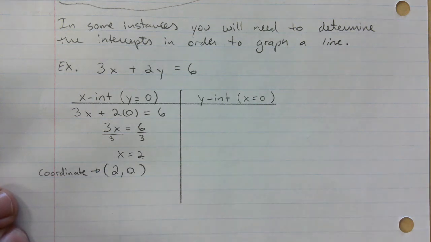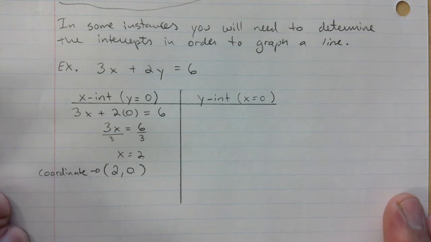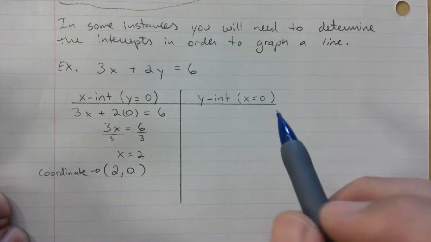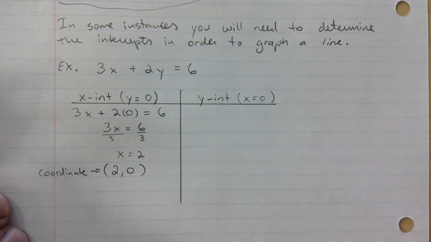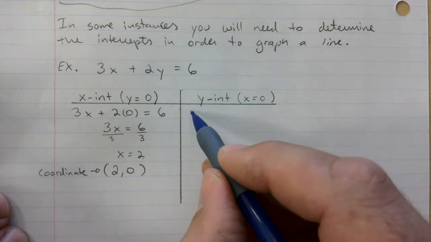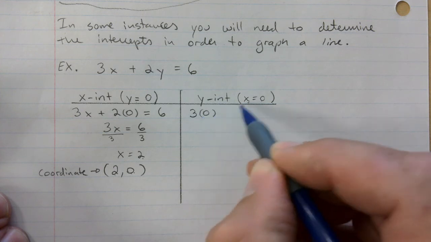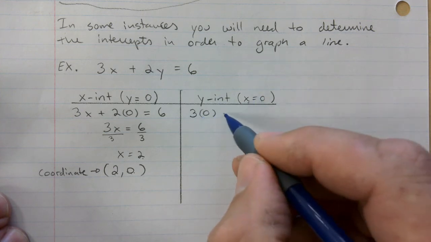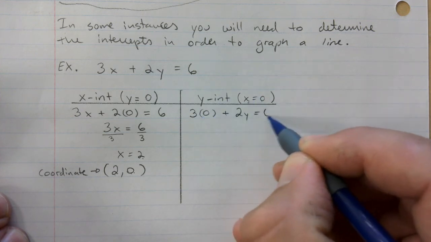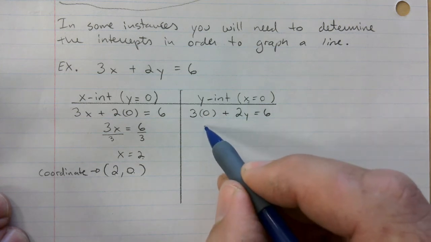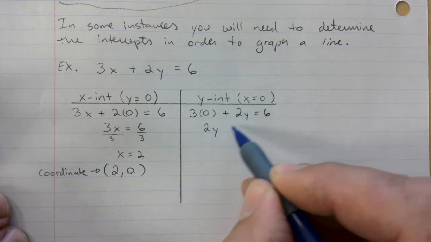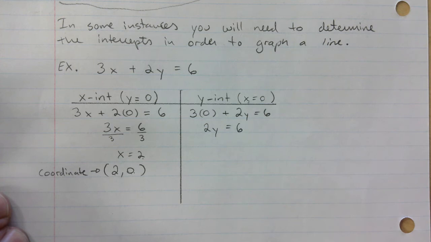I want you to write it as a coordinate. On the other side, we're finding the y-intercept. So it's (0, 3), right? Because x is equal to 0 in this case, plus 2y is equal to 6. And this just happens to be an example where the numbers are nice and whole.